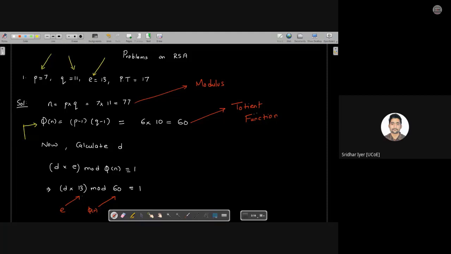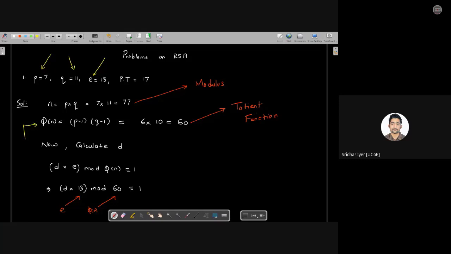Similarly, the next thing we need to calculate is phi of n, which is Euler's totient function. It is (p minus 1) times (q minus 1), which comes out to be 60. The next step is to calculate d. D can be found with the expression d into e mod phi of n, which should be equivalent to 1.